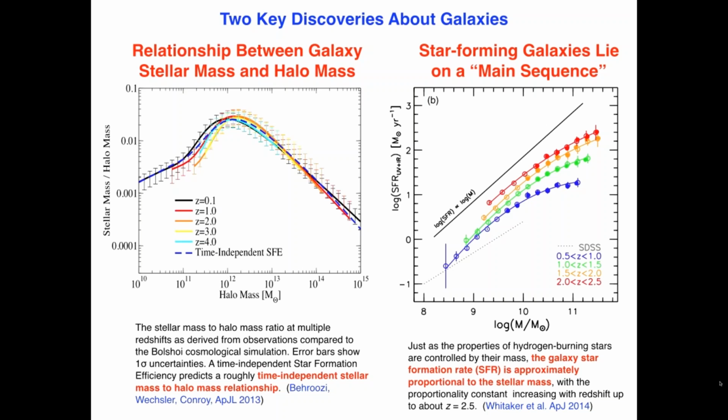Of course, for stars, the luminosity and the temperature are governed by the mass of the star on the main sequence, when the stars are burning hydrogen. And so that's why we're calling this the main sequence of star formation in galaxies.